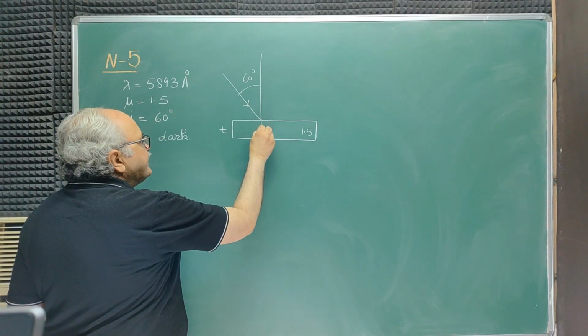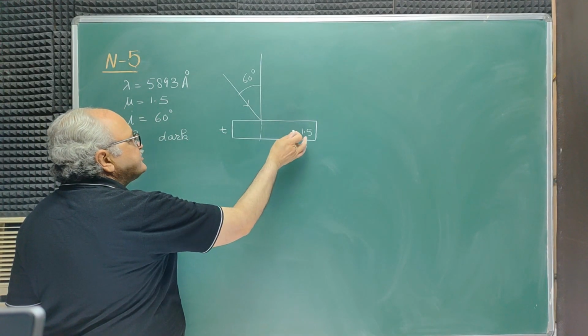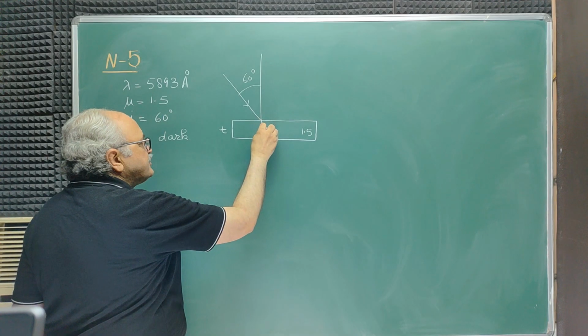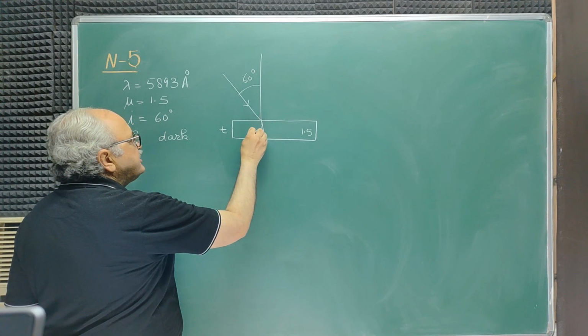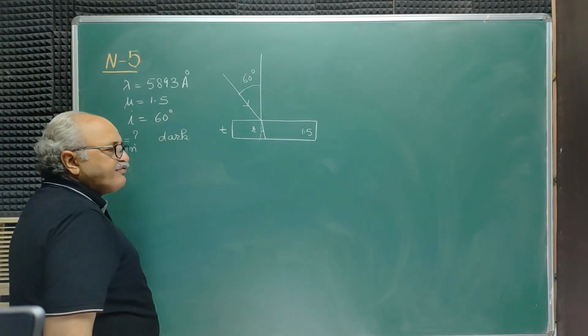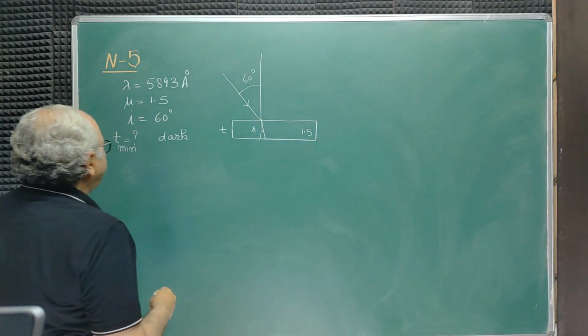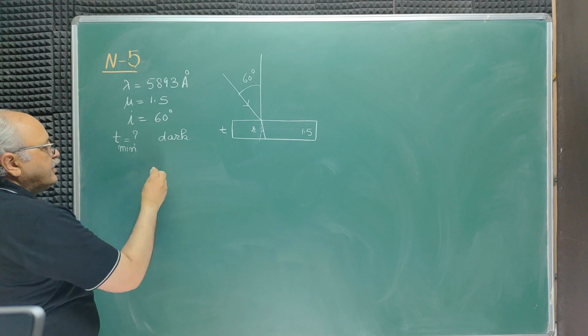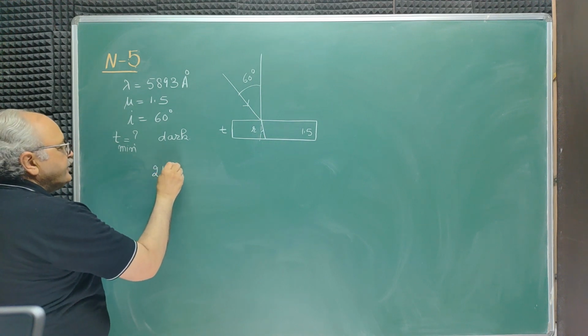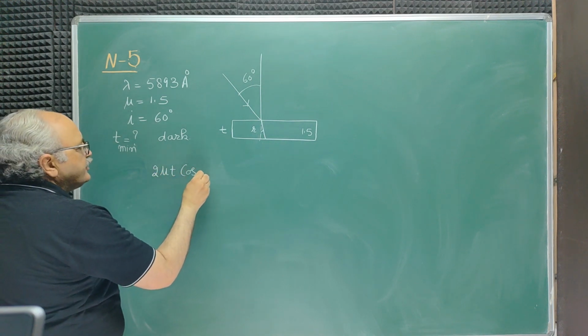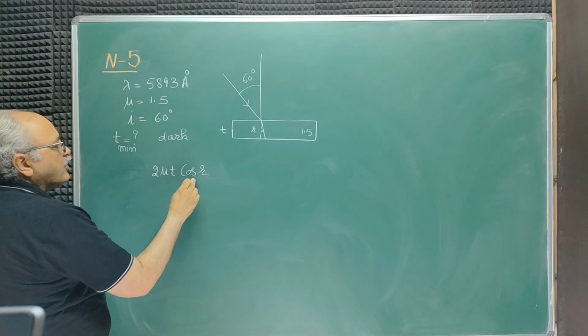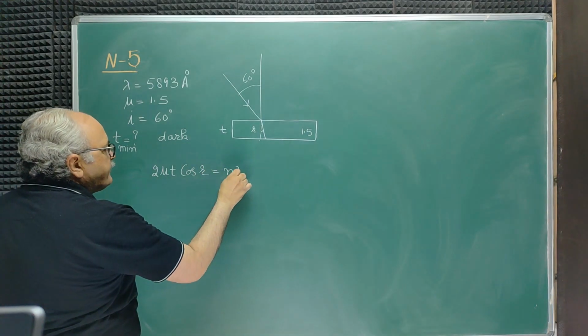Now we know that this light, when it enters into the denser medium, bends towards normal. So this angle is the angle of refraction. In the reflected mode, for minima condition, we have a relation 2 mu t cos of r is equal to n lambda.